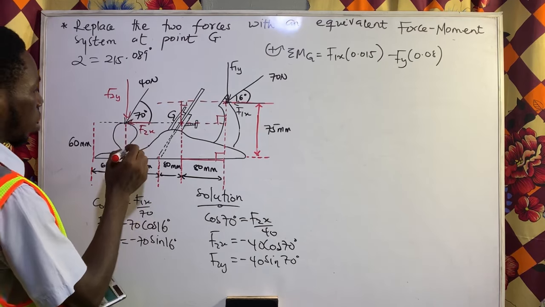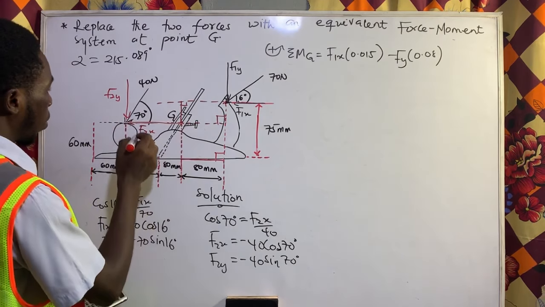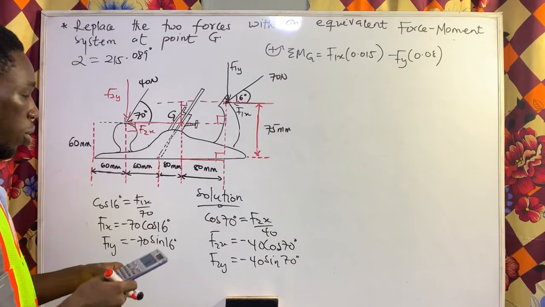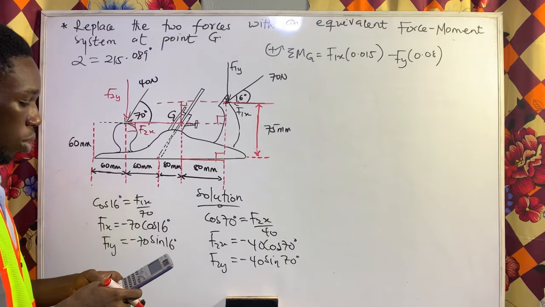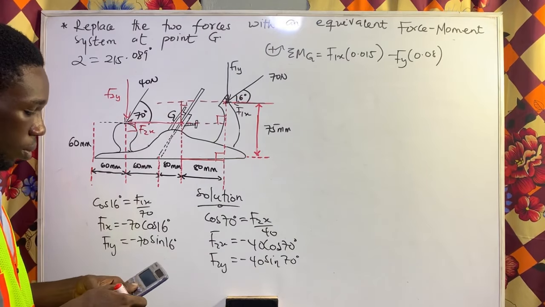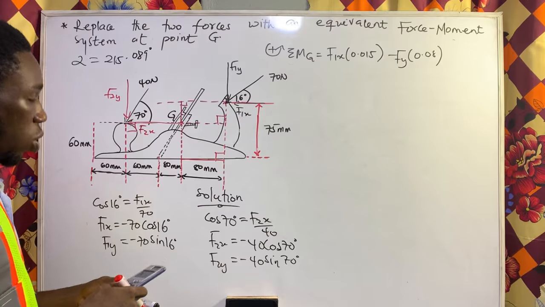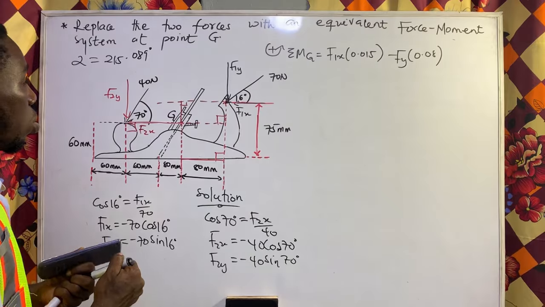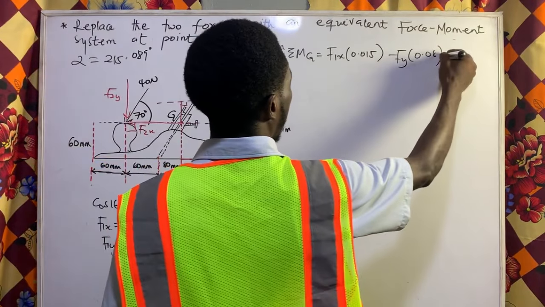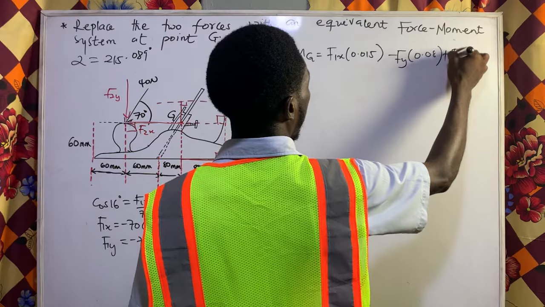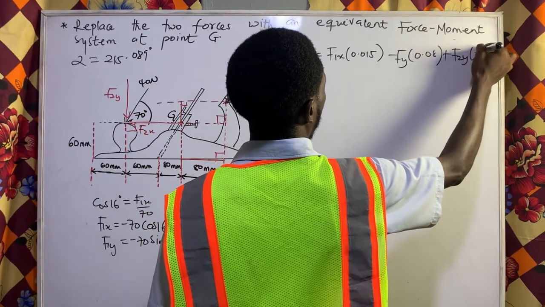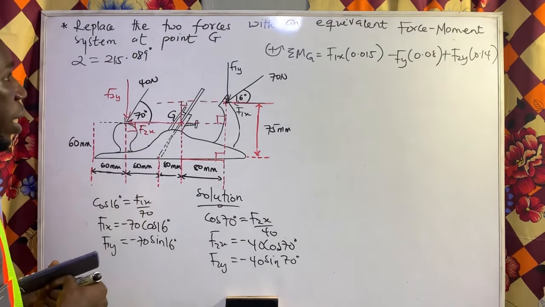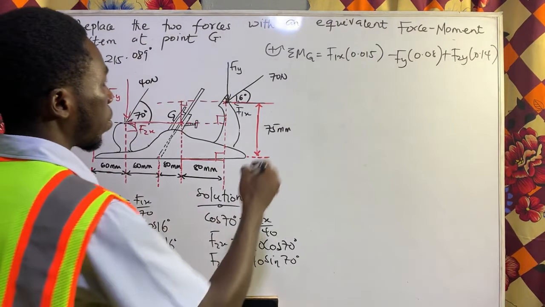Its perpendicular distance will be this distance here, which is 60 mm plus 80 mm, which is 140 mm. 140 millimeters to meters gives us 0.14 meters. So that will be plus F2y multiplied with 0.14.